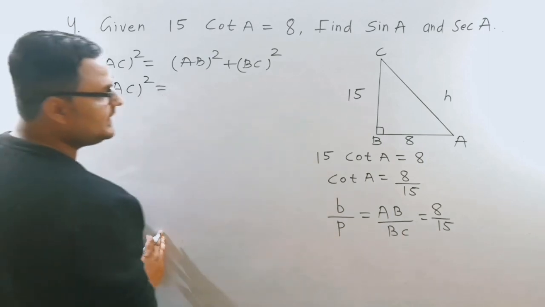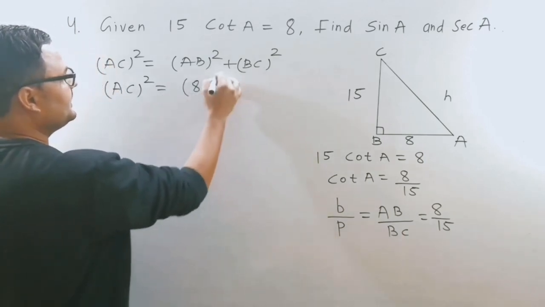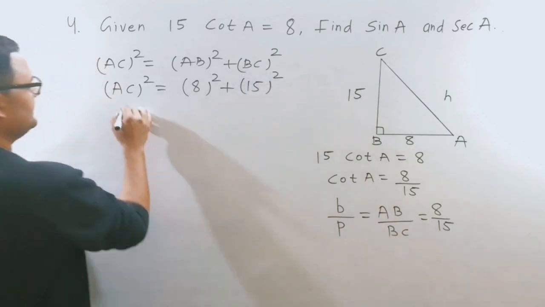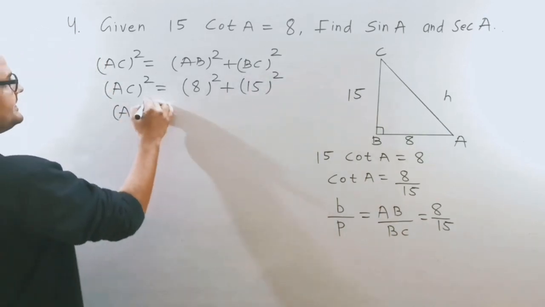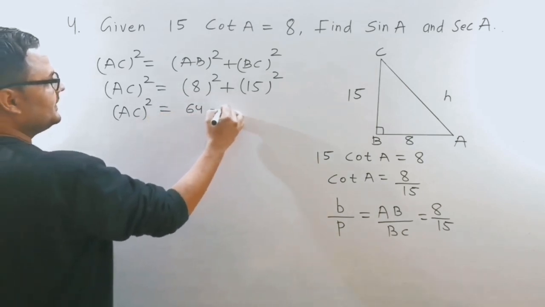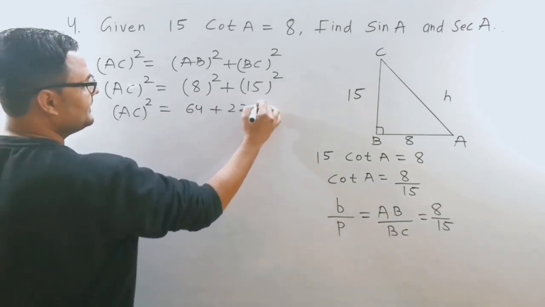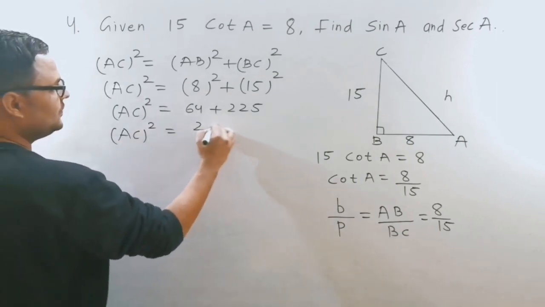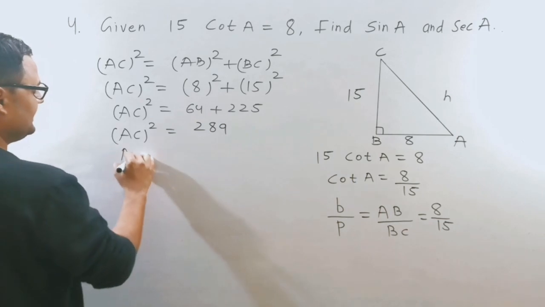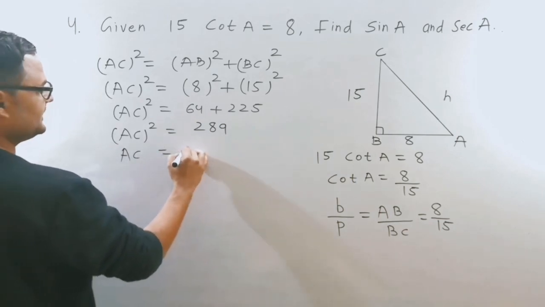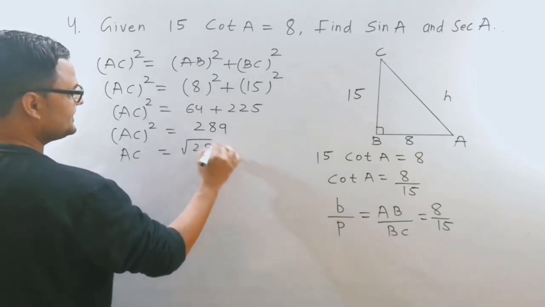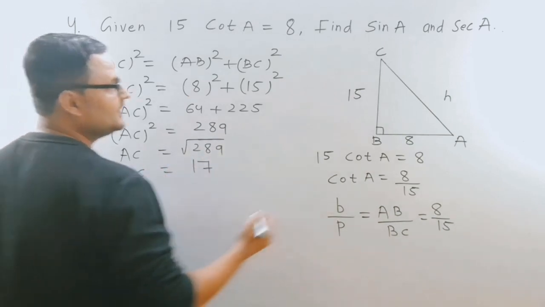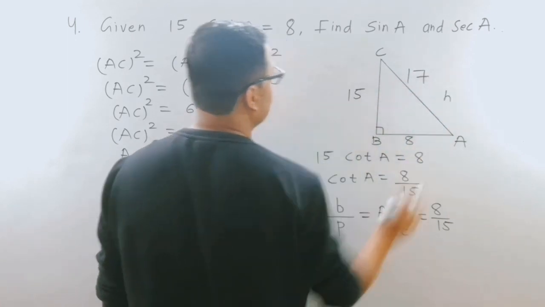Now AB equals 8 and BC equals 15. 8 square equals 64, 15 square is 225, and when we simplify we got 289, and the square root of 289 is 17. So I got AC as 17, the hypotenuse is 17.